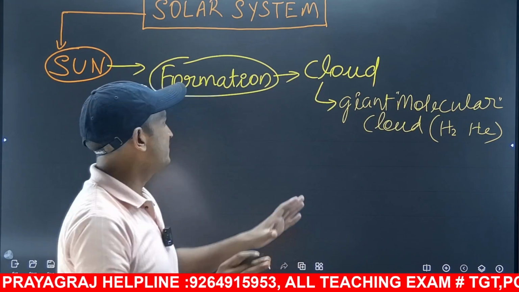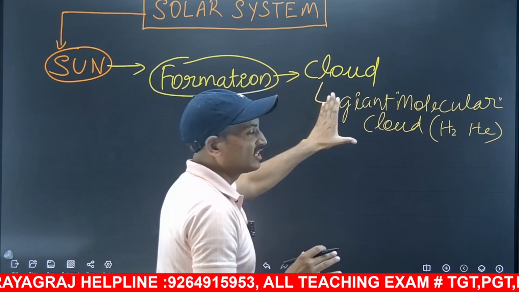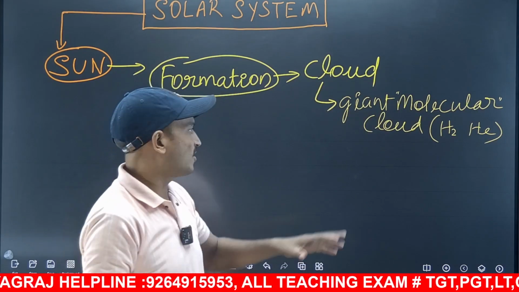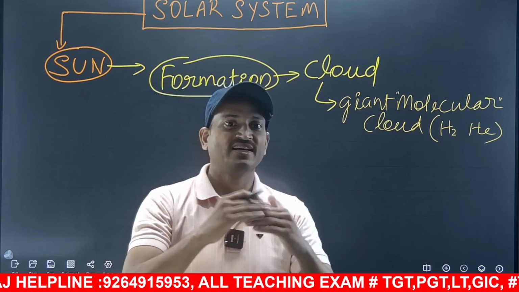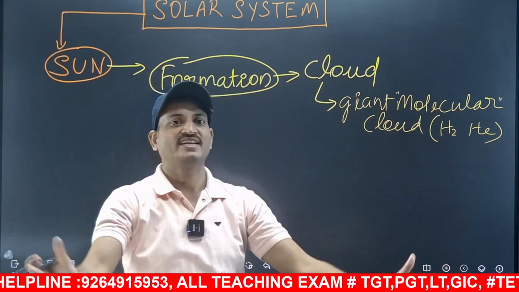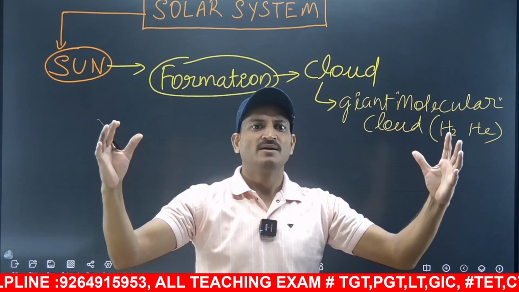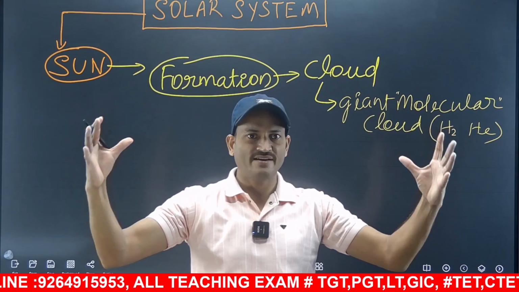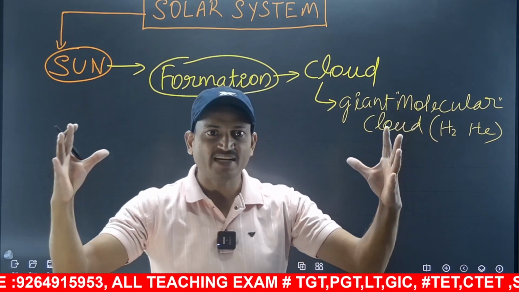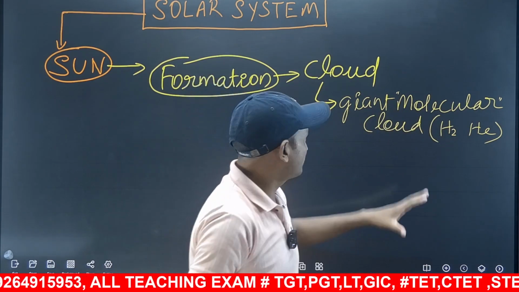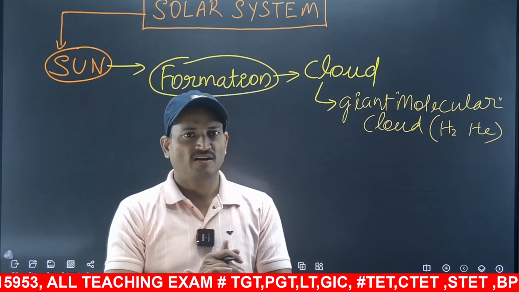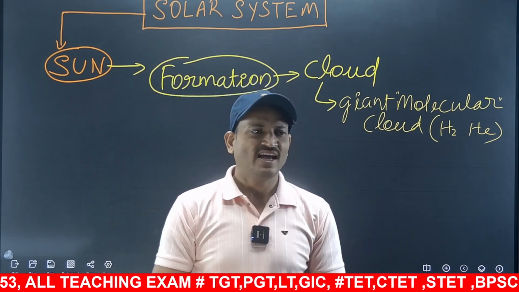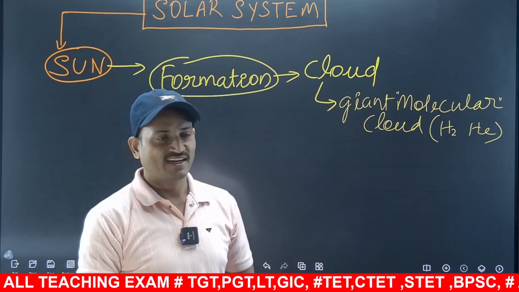So that's why we call this primitive cloud from which our sun is formed a molecular cloud, because it was cold. It was humongous in size, because the compressive forces of gravity were not that dominant up to that state. So it was not experiencing that much compression, and there was no tremendous density or temperature like that.